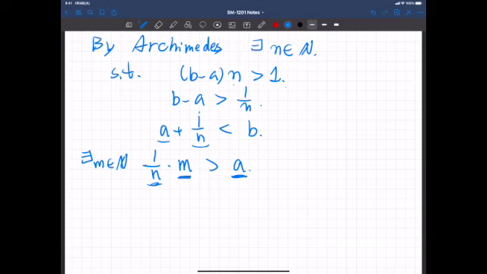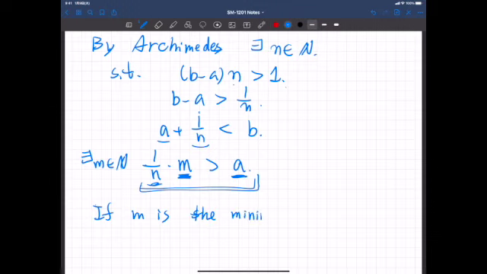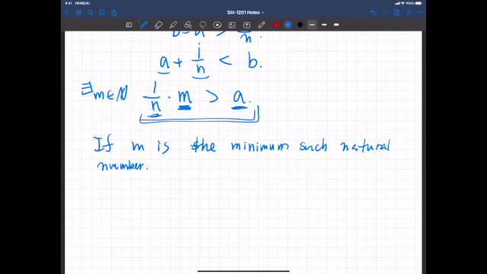Okay, there can be many natural numbers m so that this inequality holds, but if we take the minimum of such natural numbers that satisfy this inequality, then that means, if m is such the minimum natural number, that means if we take m minus 1, then this inequality doesn't hold anymore.